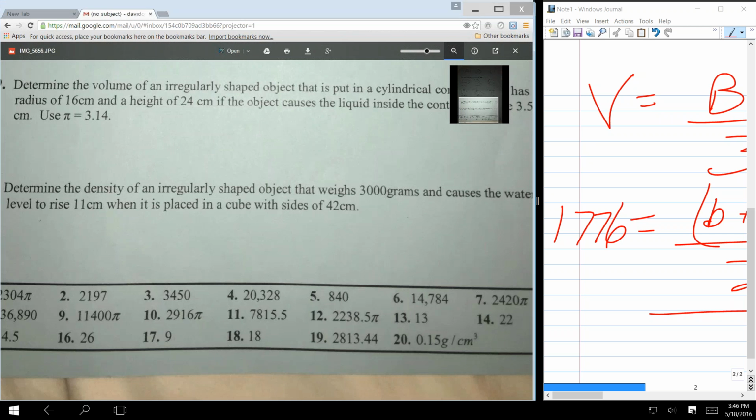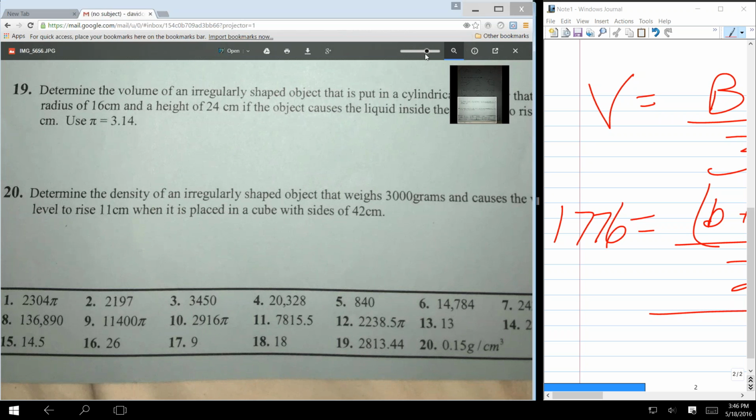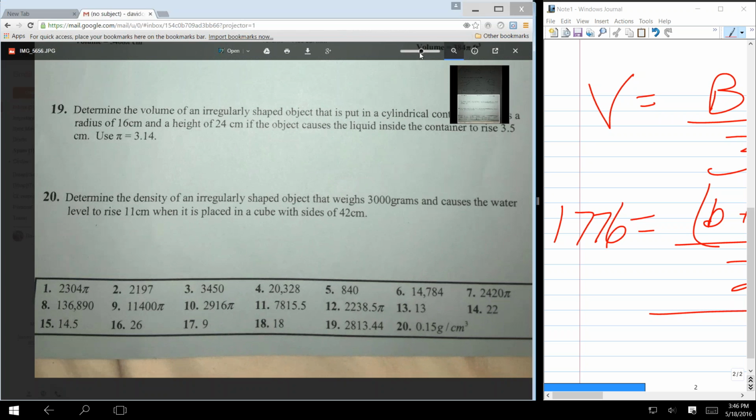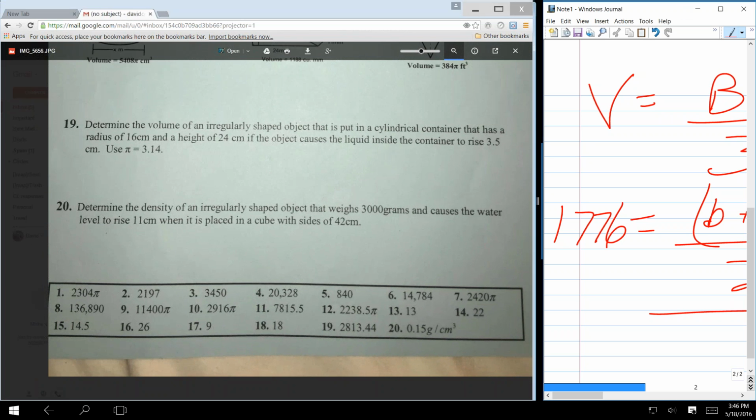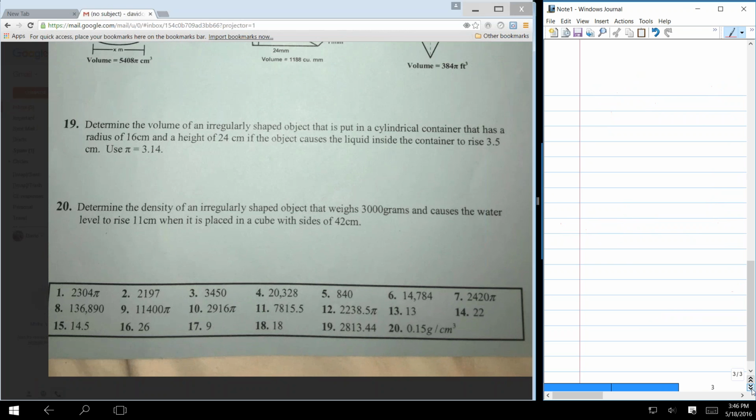These are like density ones, but I totally forgot how to set these up. Right. I know it's mass over volume, but... All right. If you don't know how to do these, sometimes it helps to draw a picture.